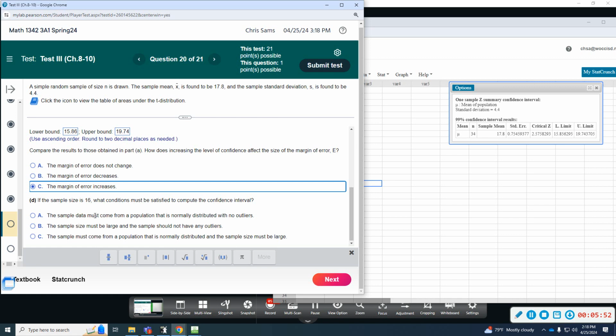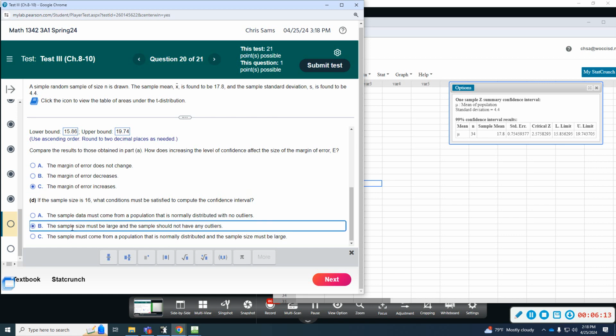The sample data must come from a population that is normally distributed, or the sample size must be large enough. You need one of these, you don't have to have both, so we're going to go with B.